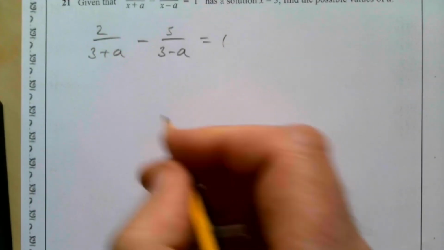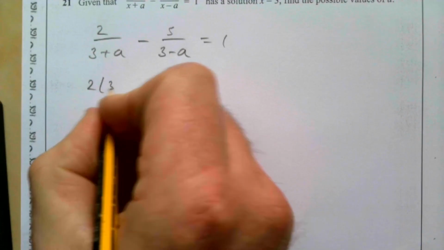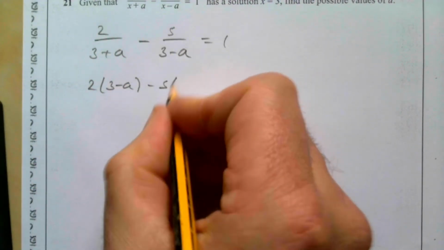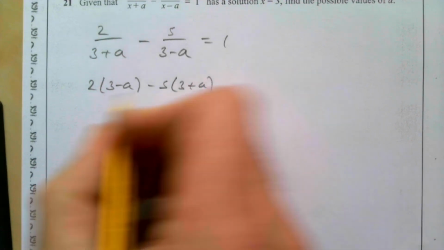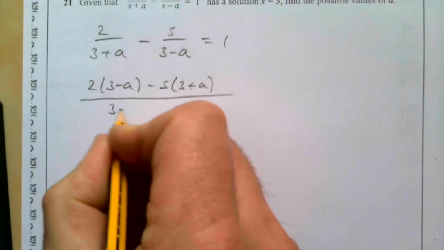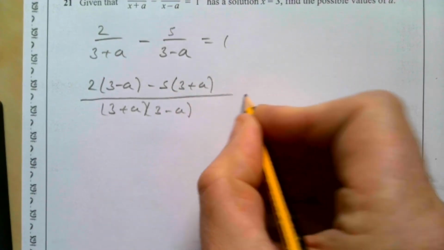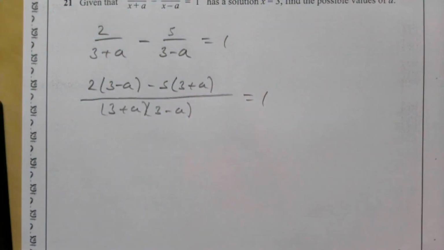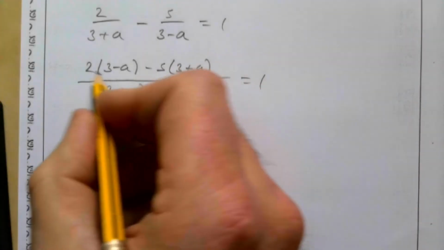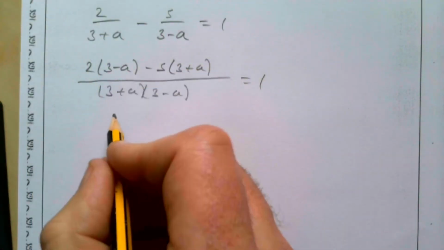Common denominator then: 2 times 3 minus a minus 5 times 3 plus a, all over 3 plus a times 3 minus a, equals 1.